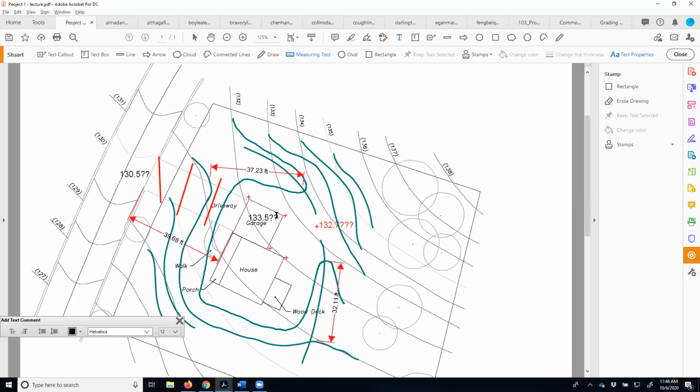I don't know, because when I started from the driveway, I started at like 130, and that's how I started my calculations, doing 130 plus 1.2, looking at the slope triangle for the 2%.